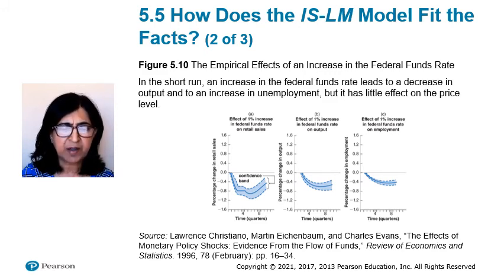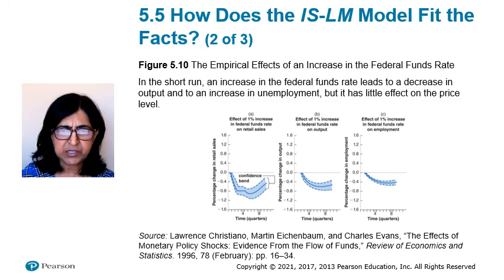The second graph, labeled B, represents the effects of a 1% increase in the federal funds rate on output over the time of 12 quarters. In response to the decrease in sales, firms cut production, but by less than the decrease in sales. This is because firms accumulate inventories for some time, so the adjustment of production is smoother and slower than the adjustment of sales.